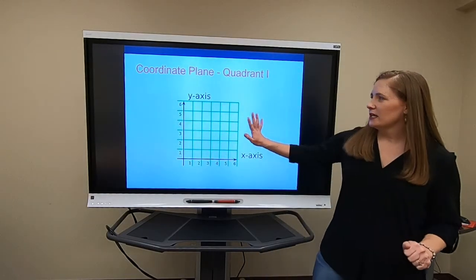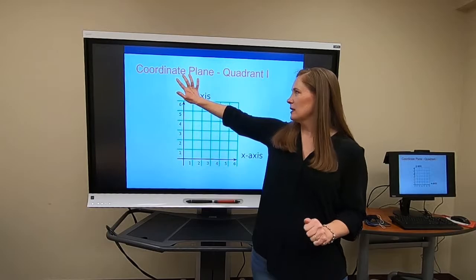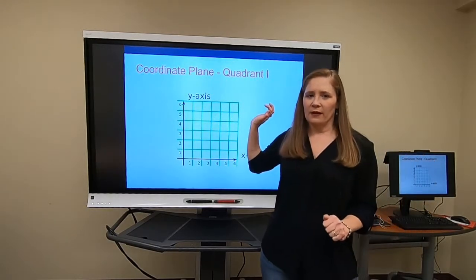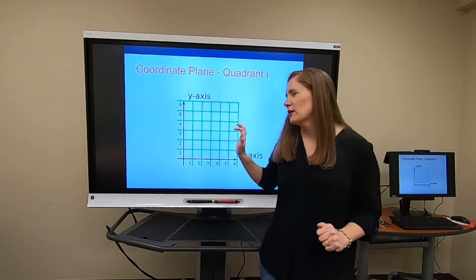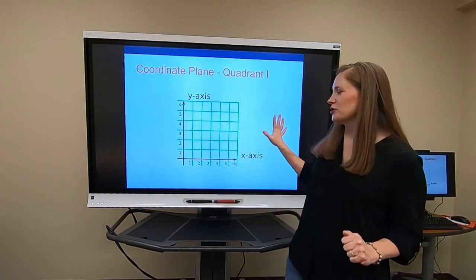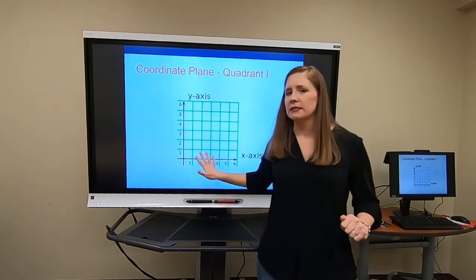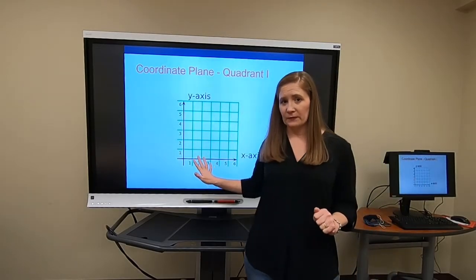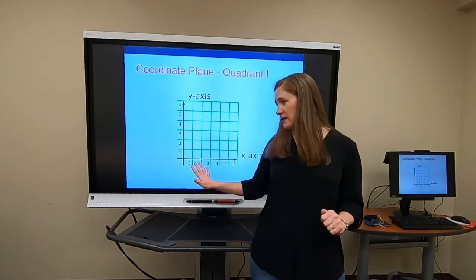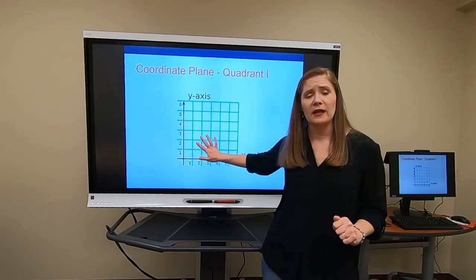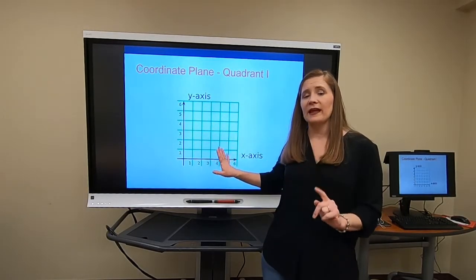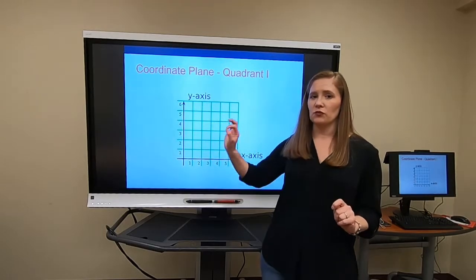Notice here I have coordinate plane quadrant 1. I want you to know that this is not the entire coordinate plane. I will actually show you a picture of the entire plane. This is one part of it, but it is the most used part.